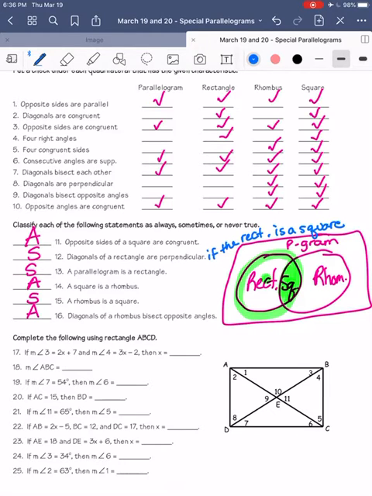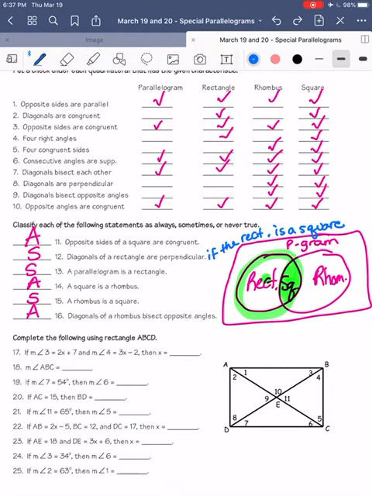All right, so then a parallelogram is a rectangle. Well, no, not always, because it could be a rhombus or a square or whatever. And it's not never, because a rectangle is within this box of a parallelogram. Okay, so sometimes a parallelogram can be a rectangle. Okay.